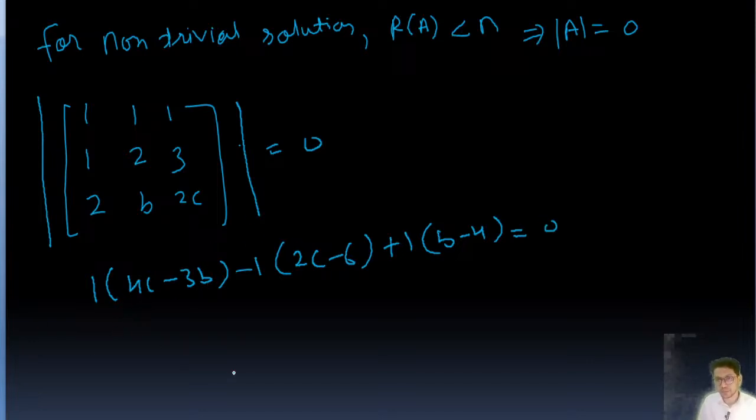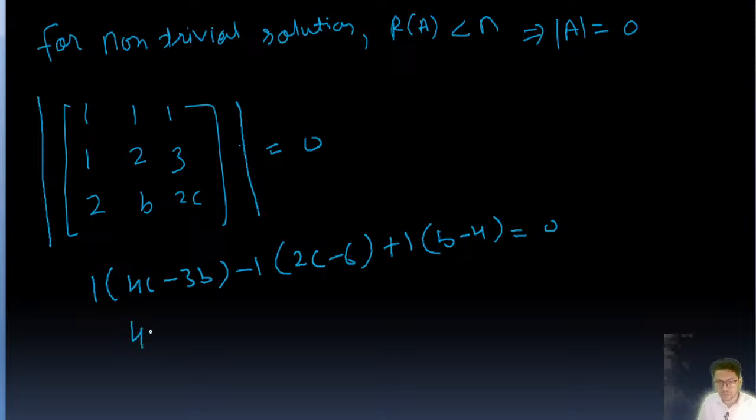Because a non-trivial solution means rank is less than n, and if a matrix's rank is less than its order, the matrix is called a singular matrix, and for a singular matrix the determinant is 0. That is the definition of a singular matrix.